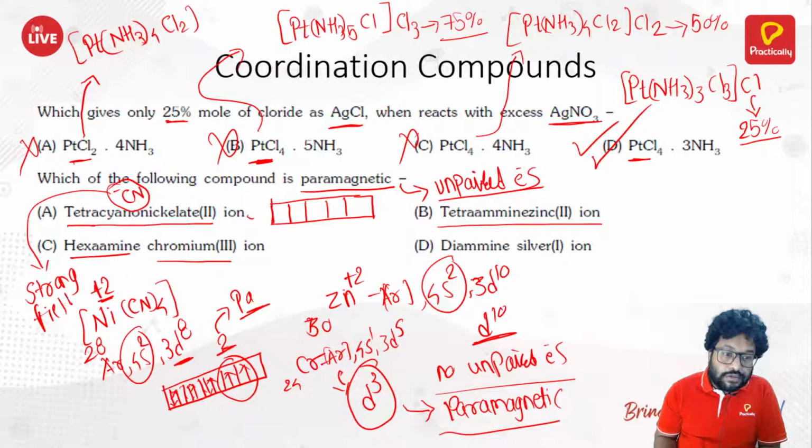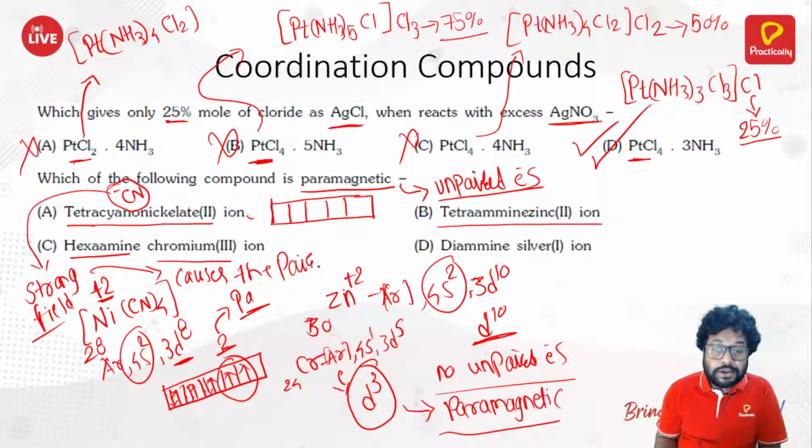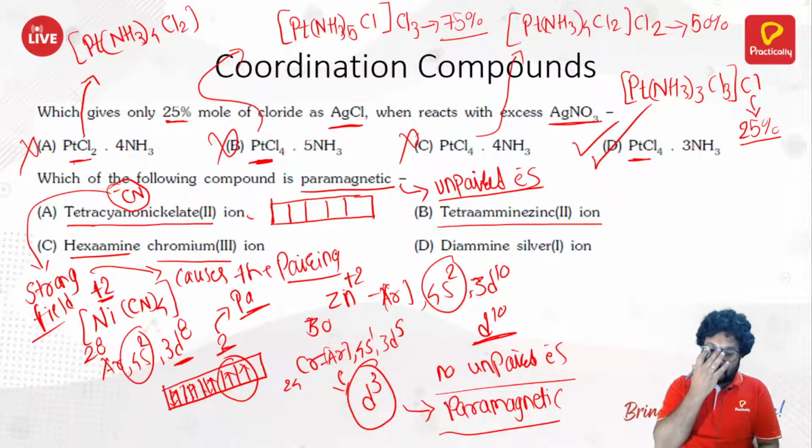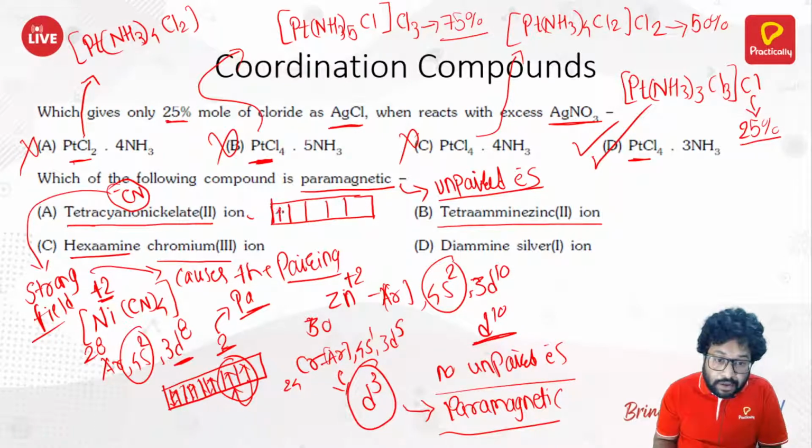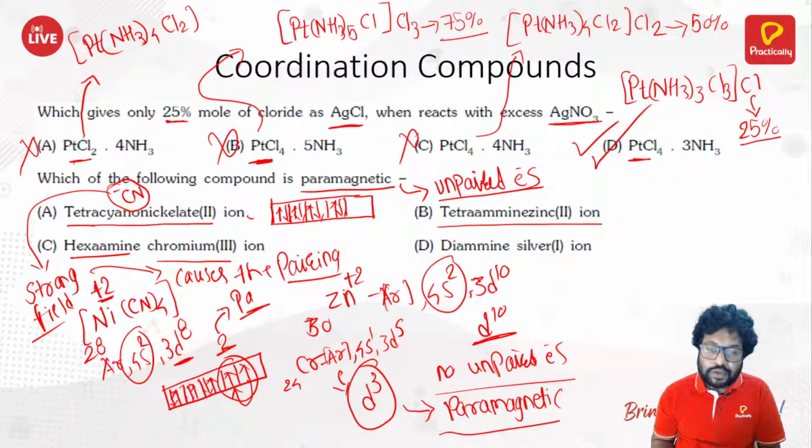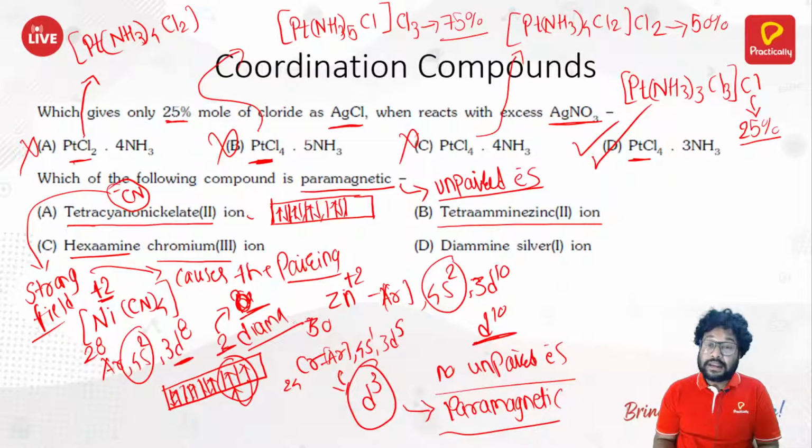A strong field ligand causes pairing of electrons. So these 8 electrons, as you have arranged here, will get paired. This last electron gets paired with this, and now you have 8 electrons like this. So there are no unpaired electrons here, which makes your nickel diamagnetic, because cyanide was a strong field ligand.